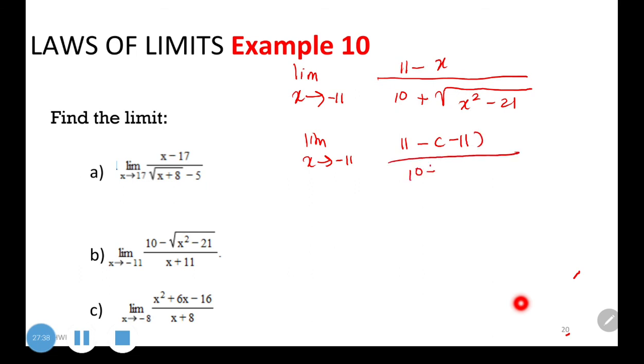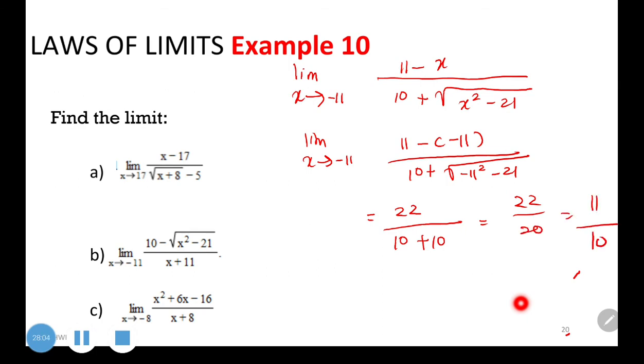Then plus, and you will get 22 over 10 plus 10, which can be simplified as 11 over 10. Okay, try this at home also and see if you can get the same answer as me.